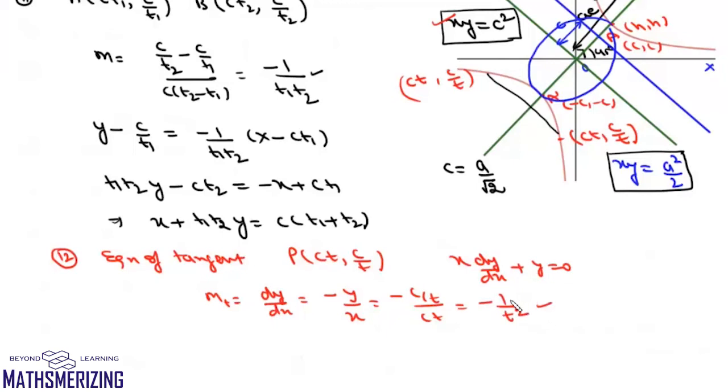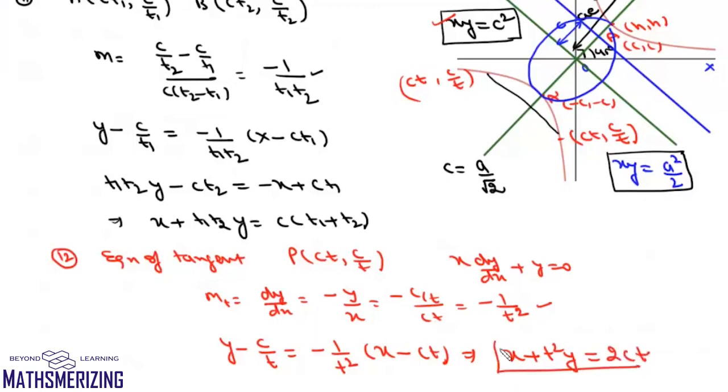Now once we have the slope and a point, we can write the equation of tangent. The equation of tangent to this hyperbola will be y minus c upon t equals minus 1 upon t square into x minus ct. So we can rewrite this equation as x plus t square y equals 2ct. So that is the equation of tangent in terms of parametric coordinates.